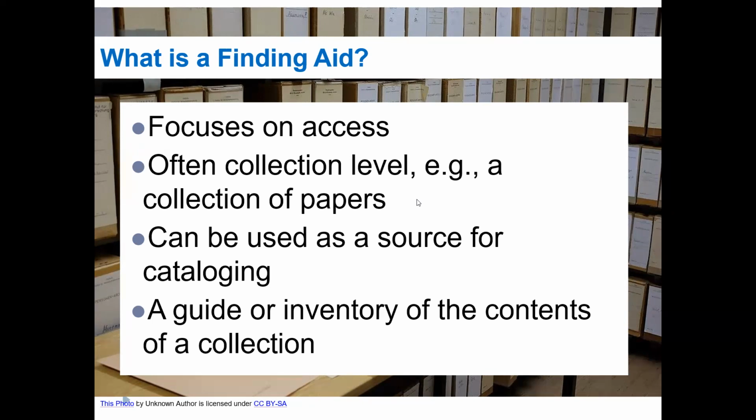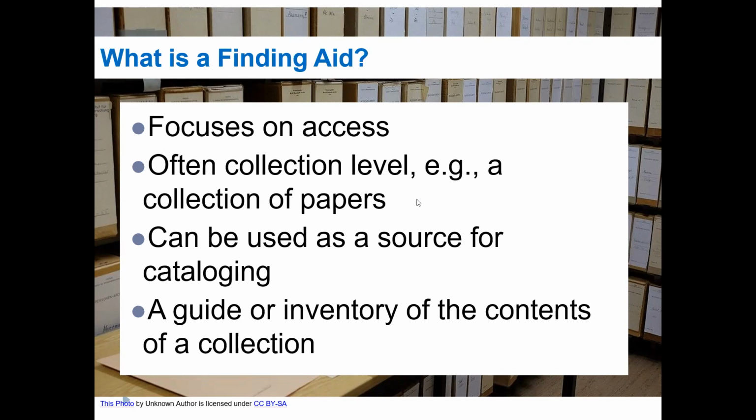So there are different ways of approaching the resource description part of it and how deep you want to go. But the finding aid is typically meant to be at the collection level and to focus on getting access to people. You can also think of it as being a guide or an inventory of the content.